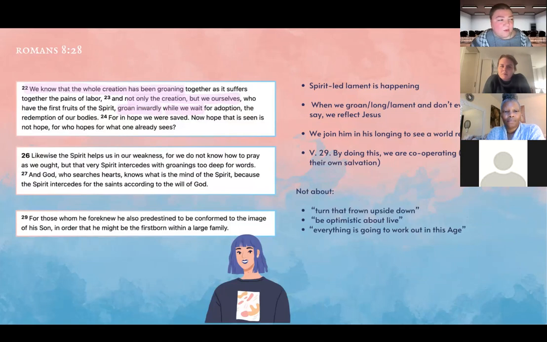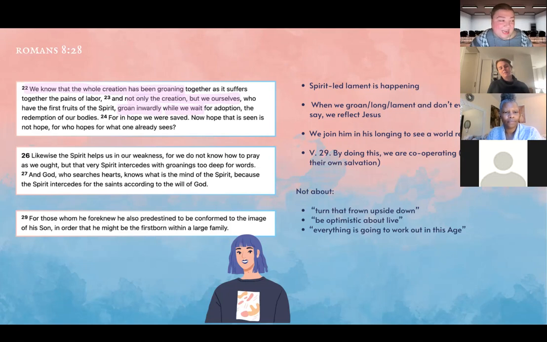And those who pray that way, even when, precisely when, they don't even know what to pray for, will thereby be formed, shaped into the reflection of Jesus, who, submitting to a cross, shared the pain of the world so that the world will be healed and helped. Paul says that exactly in verse 29, and they will thereby be cooperating, not in the work of their own salvation, but in the larger purpose of God, bleeding with his creation.